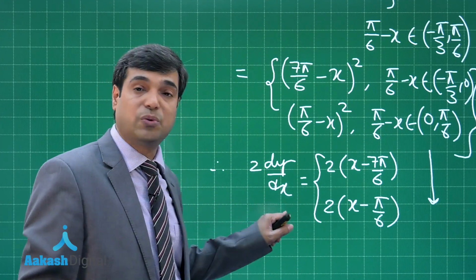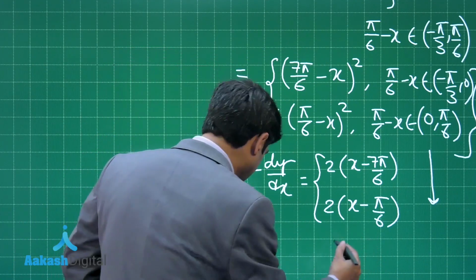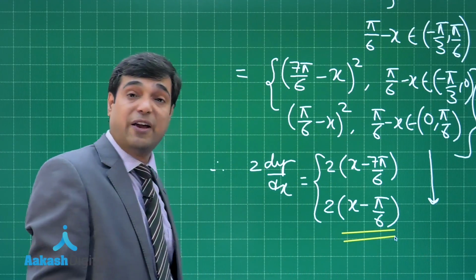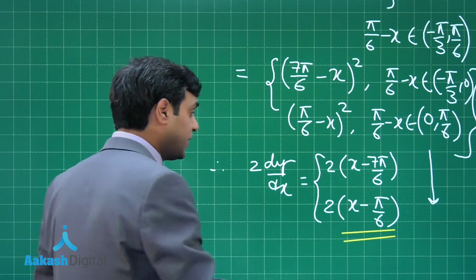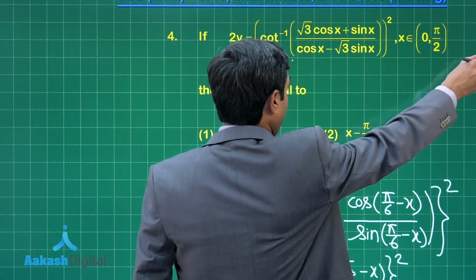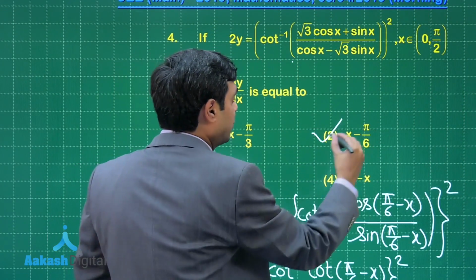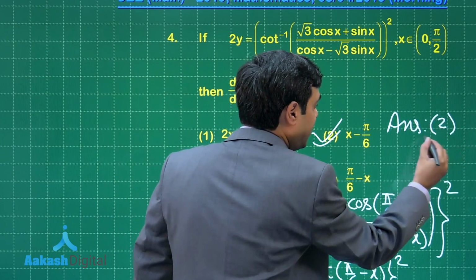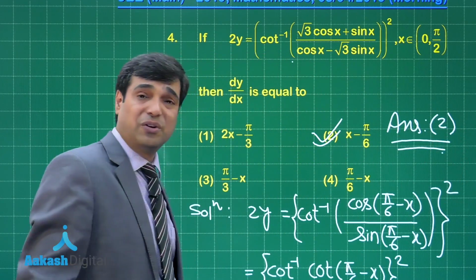Just cancel 2 to get dy by dx as x minus pi by 6 as my result. So from the given options, we can see x minus pi by 6 is one of the given ones. So the correct answer for this question is option number 2. So I'm sure this is clear.